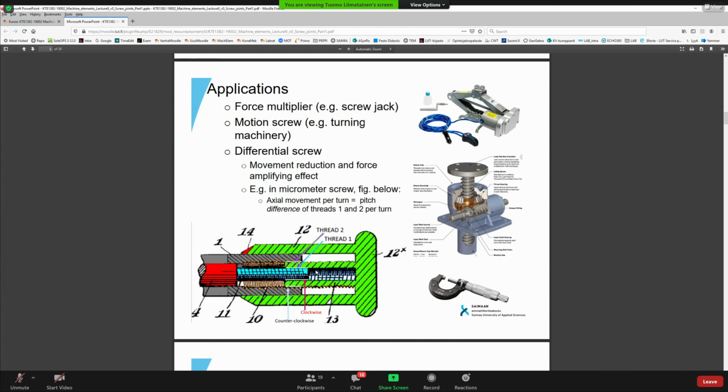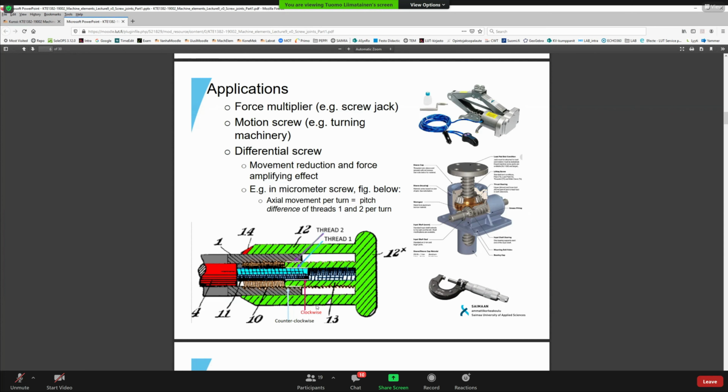This green part will force the blue shaft forward through the screw. But also there's a separate thread between the green part and this gray sleeve.